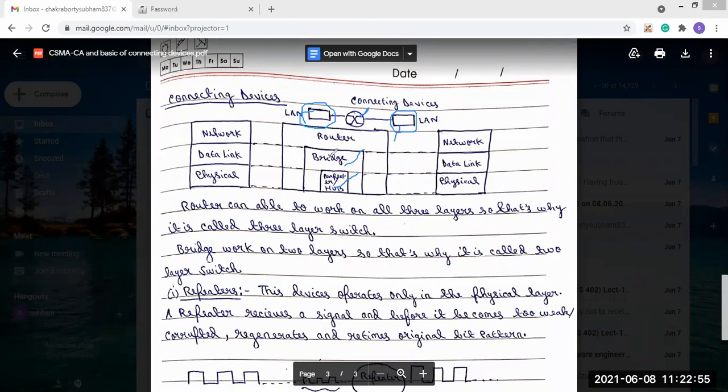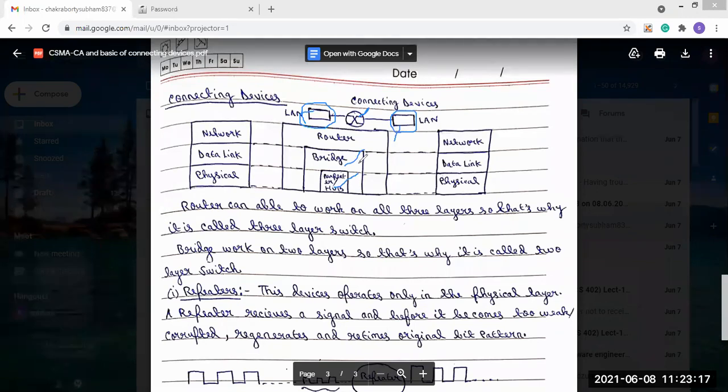And another is the router. This router can work in any of the layers: physical layer, data link, network. That's why the router works on all three layers, and that's why the router is called a three-layer switch.